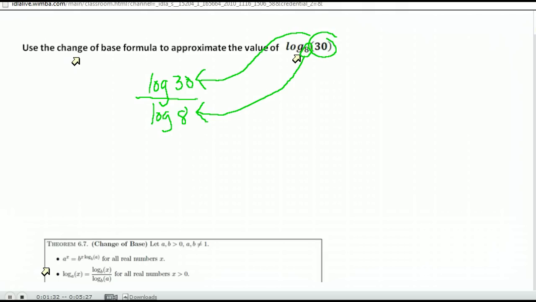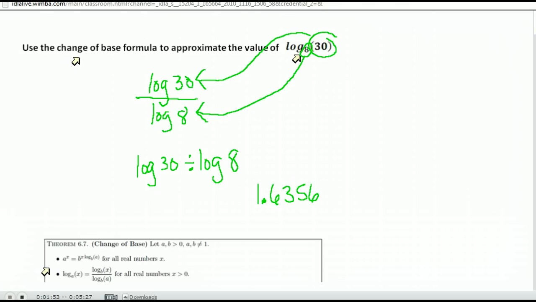Okay, and then you just put that into your calculator. Now you want to be careful and check a couple of these probably. Make sure that you're getting the same number so that you're using your calculator properly. So you'd put log of 30 divided by the log of 8, and you should be getting 1.6356.